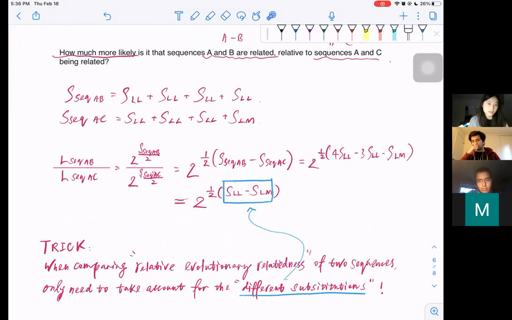Because they're asking you the relative relatedness, as we talked about, we approach from L, and we substitute L by S, which is given to us in the problem. And then S is basically a sum of all substitutions, right? And then we just plug in all the sums, and the similar terms will cancel out, leaving us only the difference.